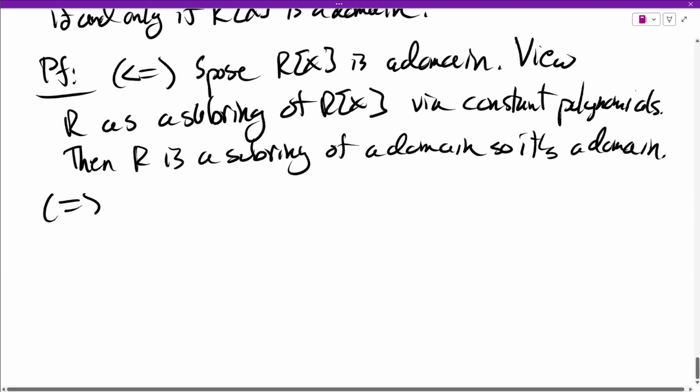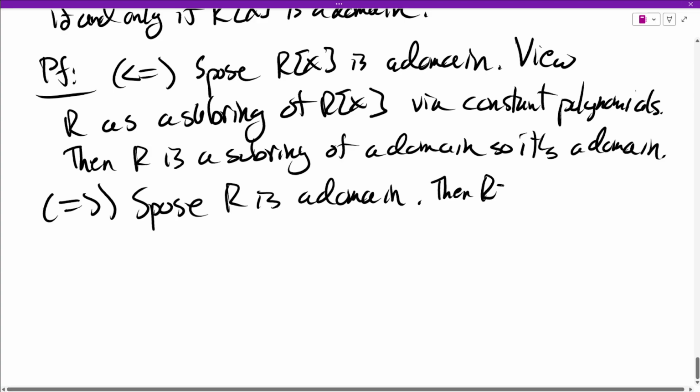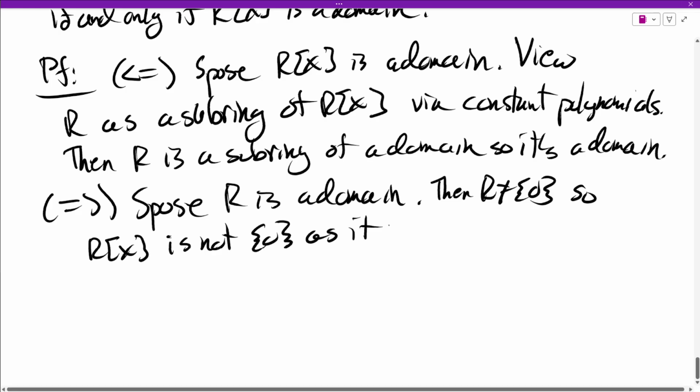Okay, the harder direction is the forward direction. So suppose R is a domain. Well, then in particular, R is not 0. So R adjoin X is also not 0, as it contains R. So it's a non-zero ring.